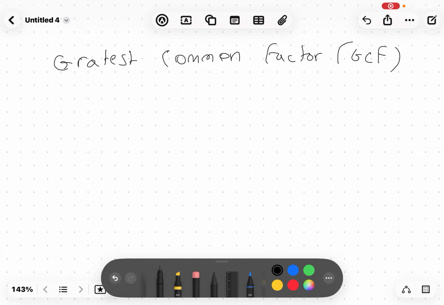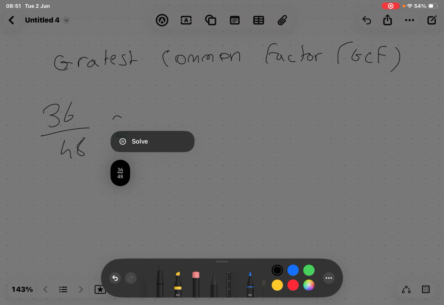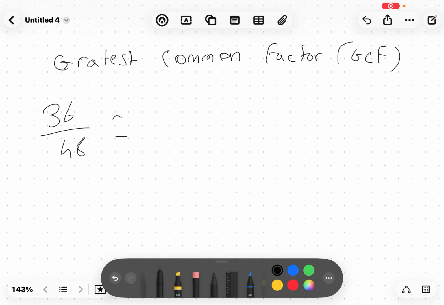So let's say we have 36 over 48. In both of these, there is a 2. If you divide by 2, that's 18 over 24. You can still simplify again by 2, and that will be 9 over 12. And then you can simplify this by 3.